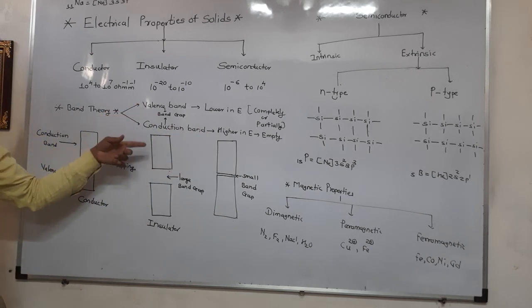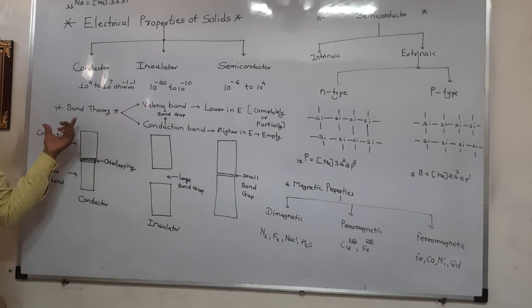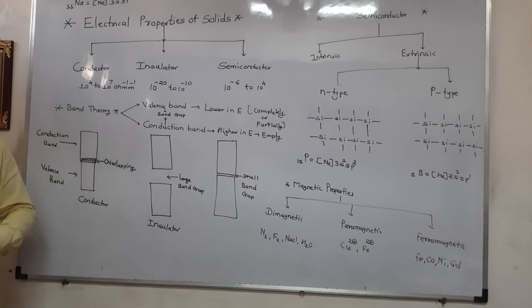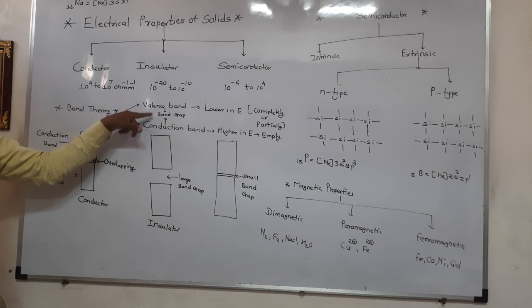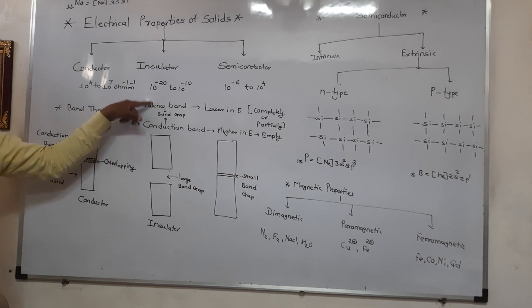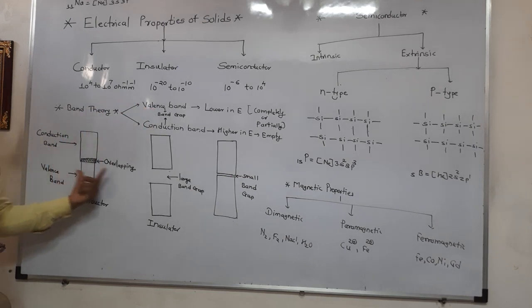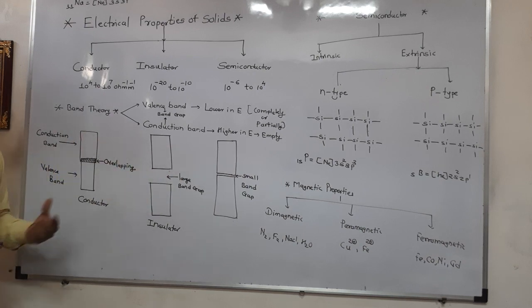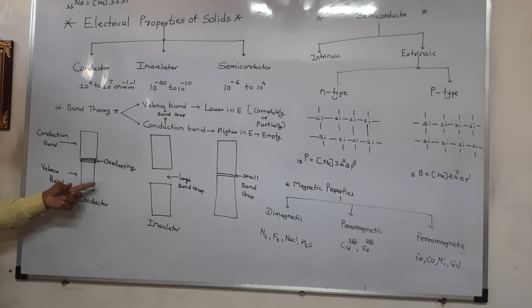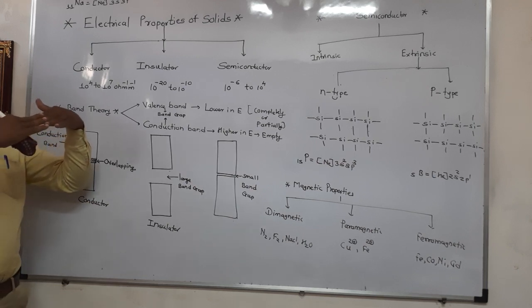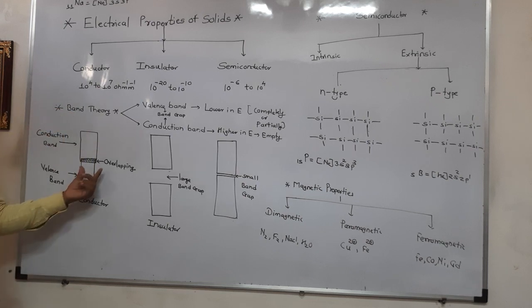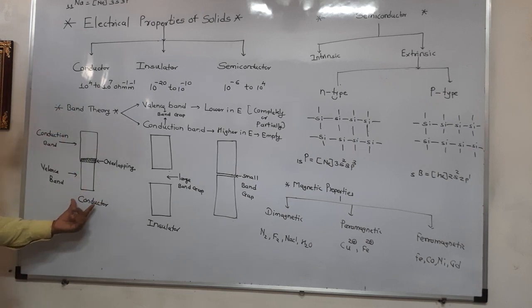There is some gap between these two bands, and there are three possibilities. First, in a conductor, the energy gap is absent and overlapping of valence band and conduction band takes place.